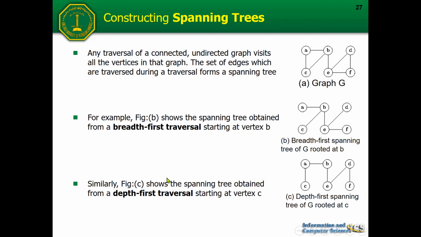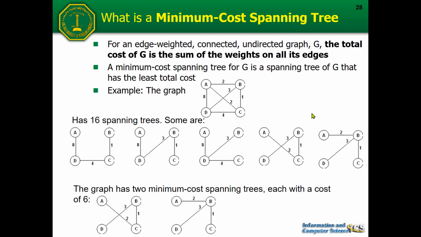If we apply the depth-first traversal to this original G, then we will get this as the spanning tree. So as you can see, the spanning tree of the graph is not unique. You can get many possibilities of spanning trees, depending on the algorithm that you apply to derive the spanning tree for the graph.